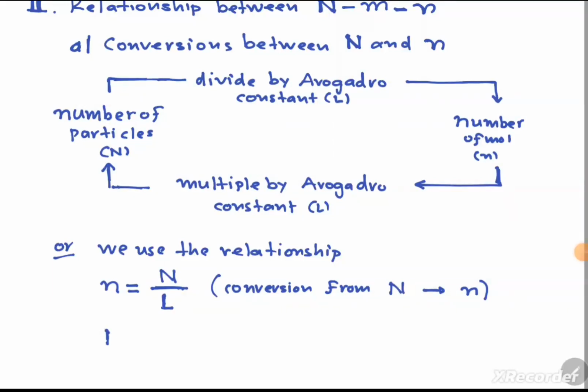And the relationship number of particles is equal to number of mole times the Avogadro constant. This is for conversion from number of mole to number of particles.